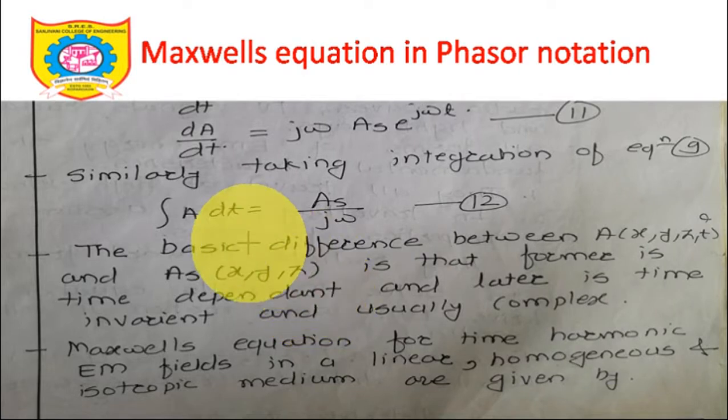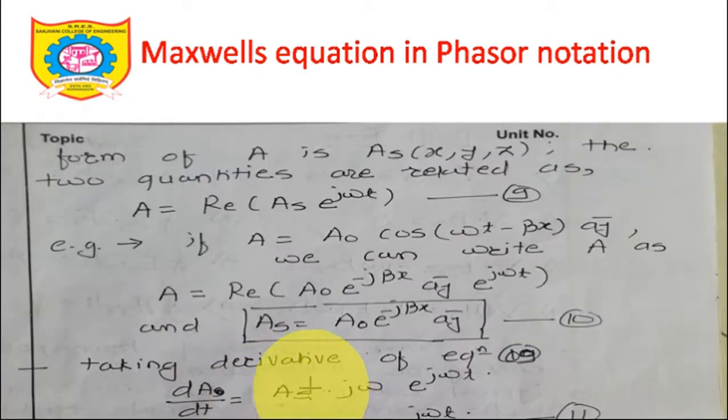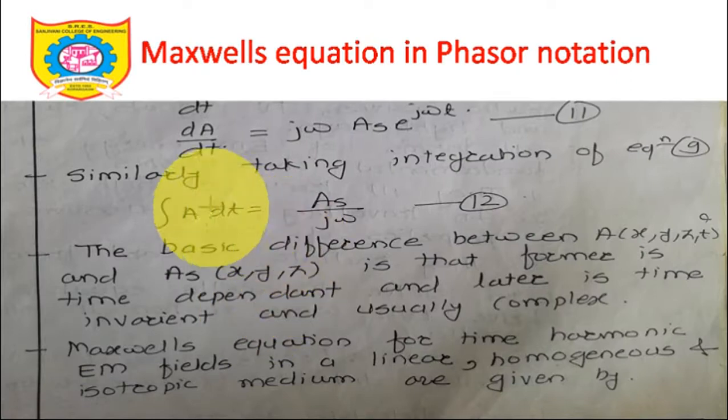So what I understood from this is that if I take a derivative of this vector A bar, I need to multiply by j omega, and if I take the integration of this vector field, then I need to divide by j omega. That's it. These are the two basic things you need to understand.